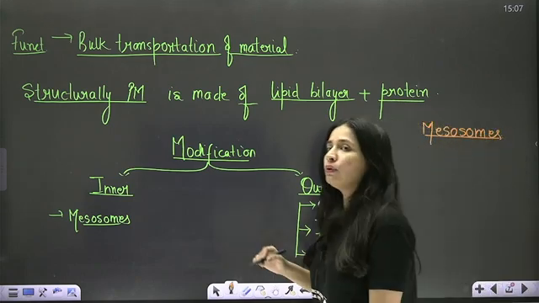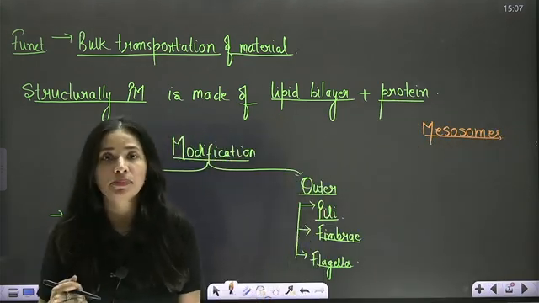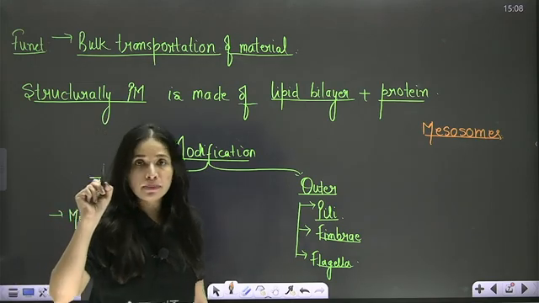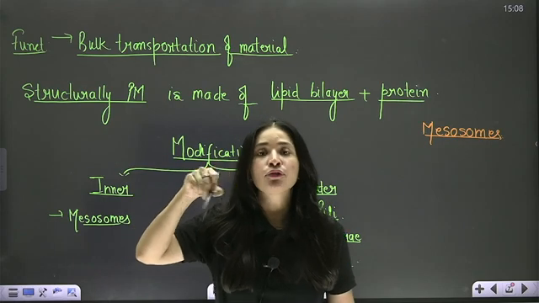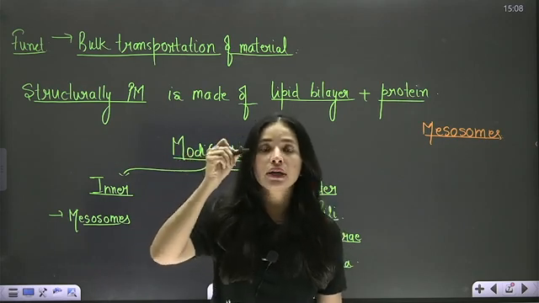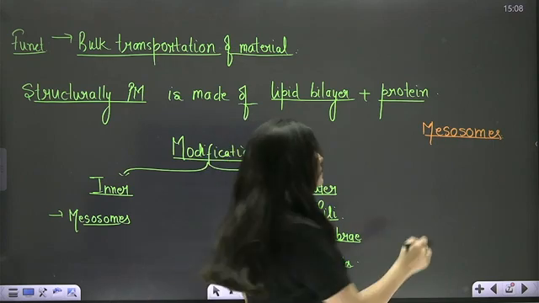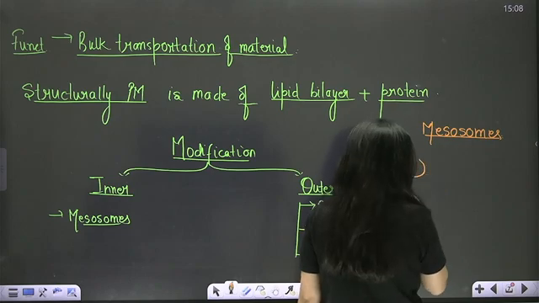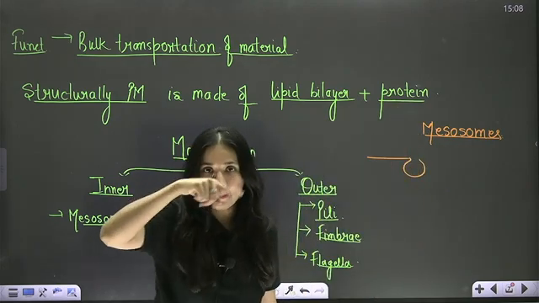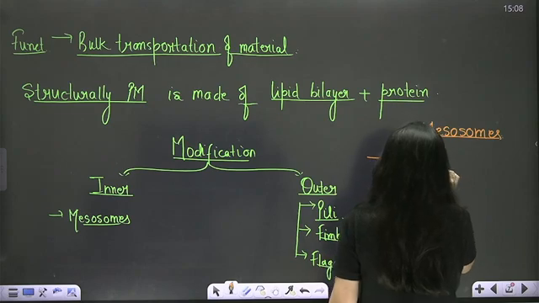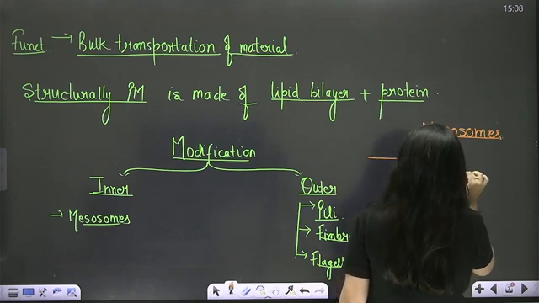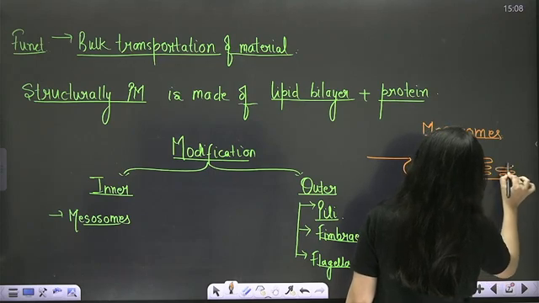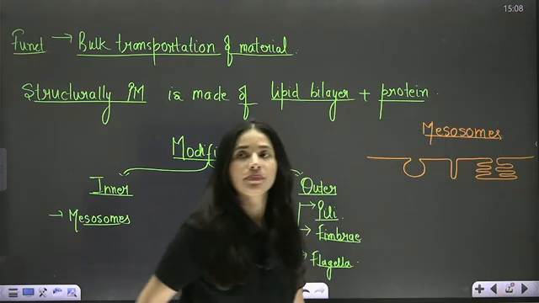As I told you, this is the inner modification of plasma membrane. So what happens over here? Beta, plasma membrane is going to infold. It is going to fold on the inner side of the cell, either in the form of a vesicle, a cup-like structure, or in the form of a tube, or in the form of a branched network like lamella, right?